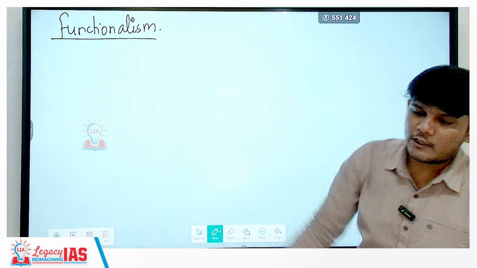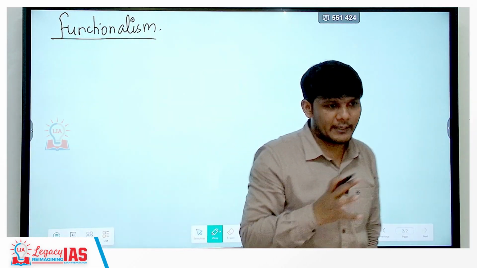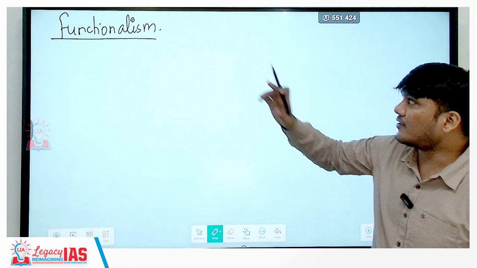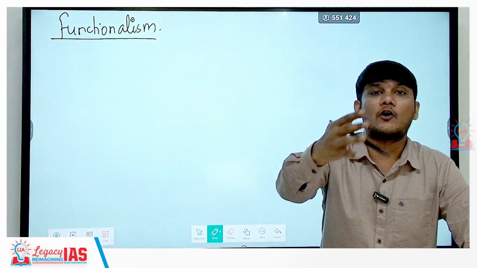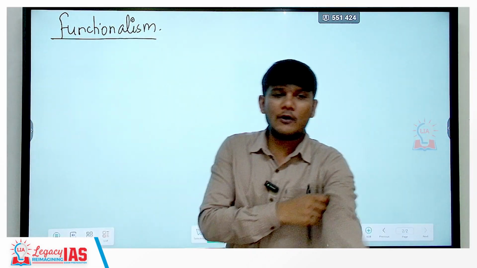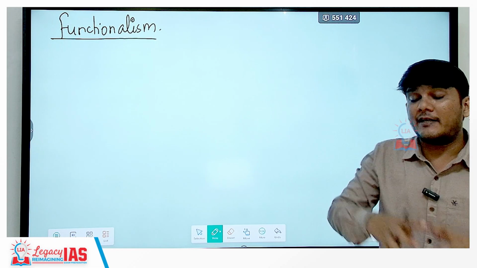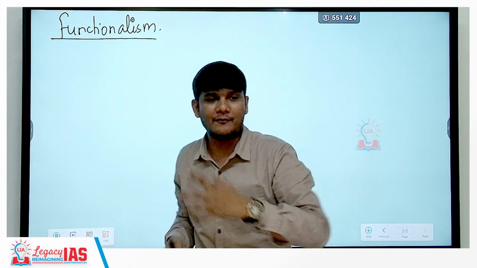just think to yourself, no matter what you are talking about, be it anything, even crime for example. The functionalist theory will look at crime also in a positive light. If there is a caste system also, that will also be looked at in a positive light.